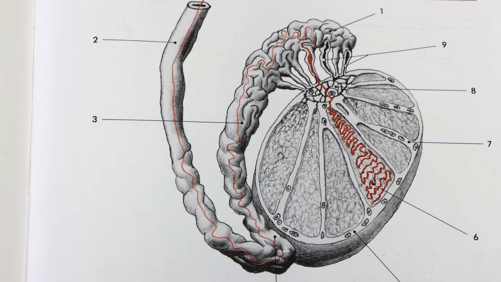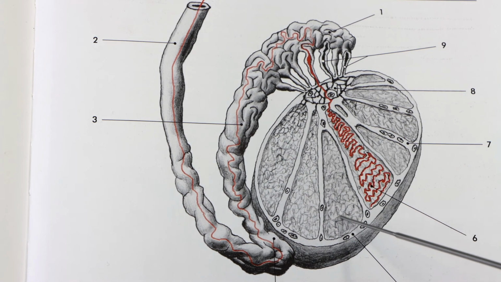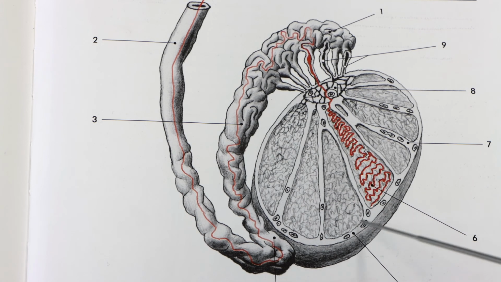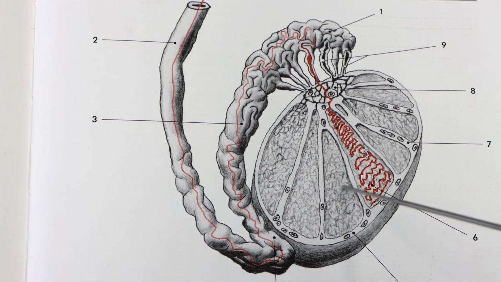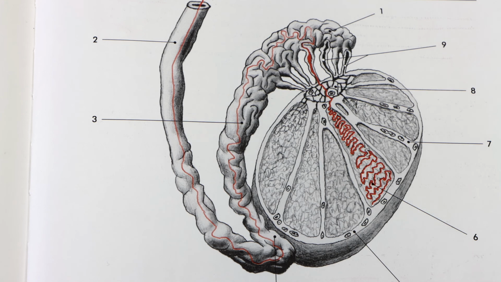That's why it's called tunica albuginea. As we go toward the inside of the testis from the surface, we reach a more reddish structure, which is highly vascularized, and that's why they call it tunica vasculosa. It's very firm, and you cannot separate it.